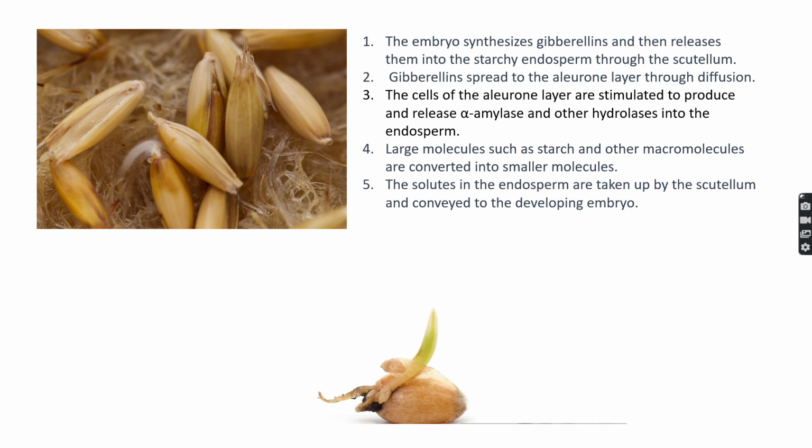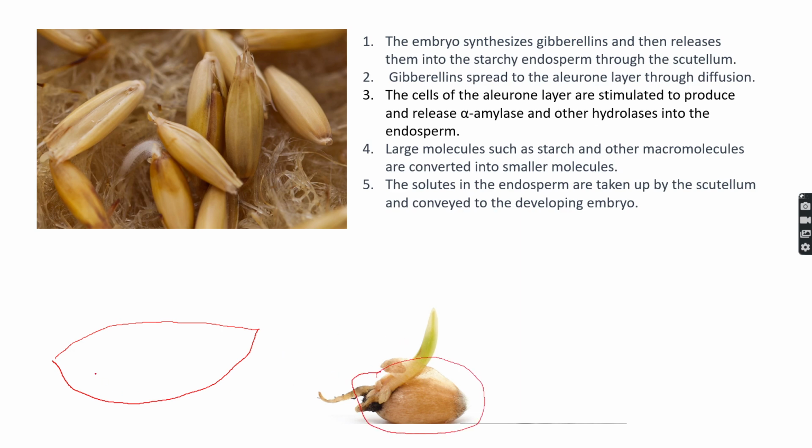Before starting the whole mechanism of gibberellin involved in seed germination, let's first understand the structure of seed. For the structure of seed, I am going to draw a seed just like this one.